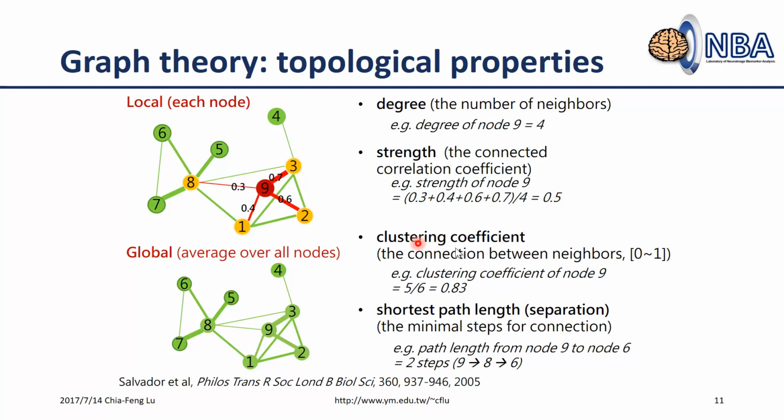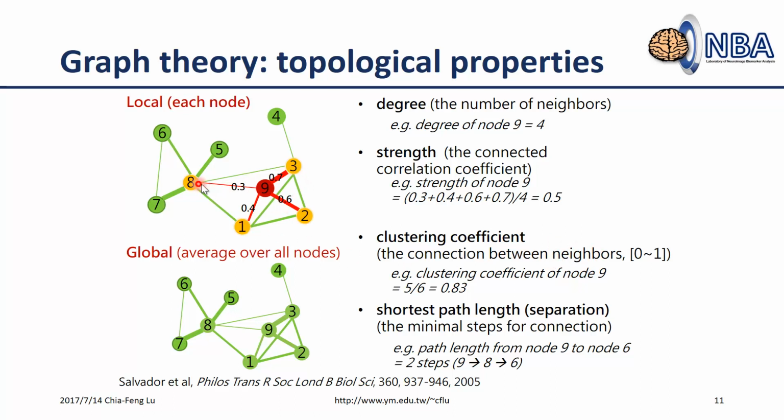And the clustering coefficient is where we try to estimate the segregation degree between the directly connected neighbors. Again, we take node 9 as the example. Now we only consider the neighbors, which are 1, 2, 3, 8.